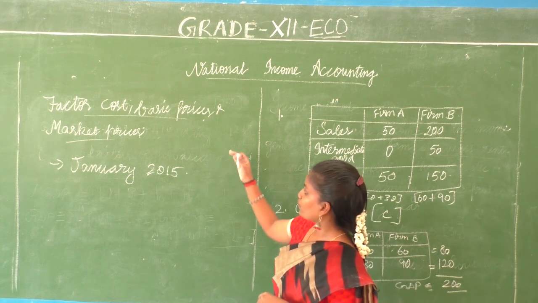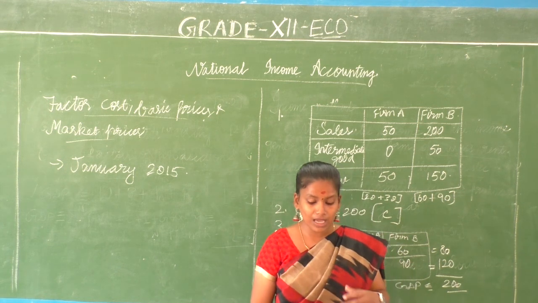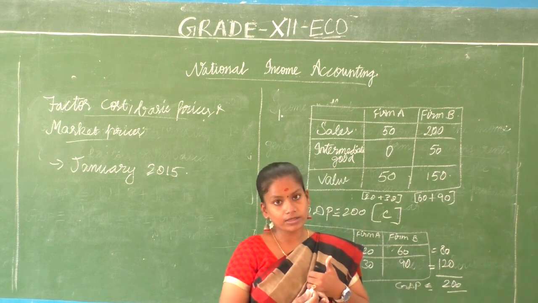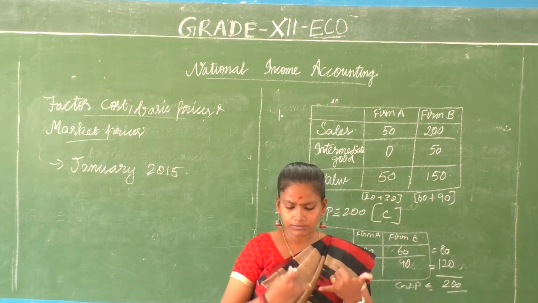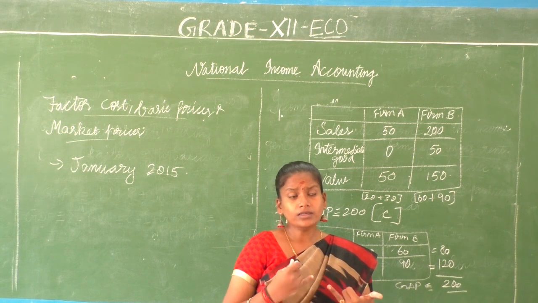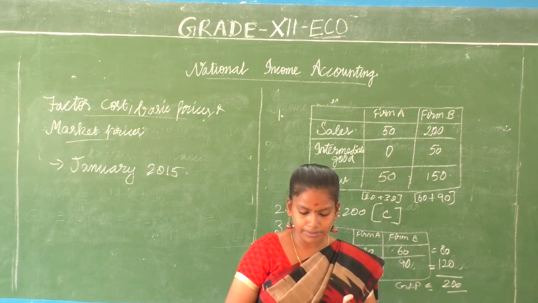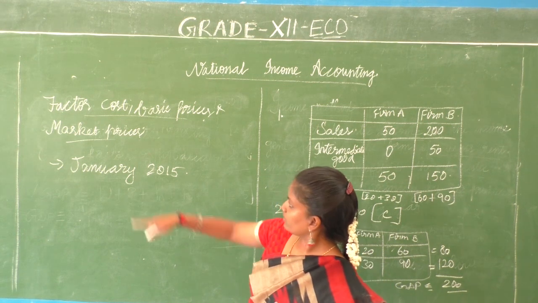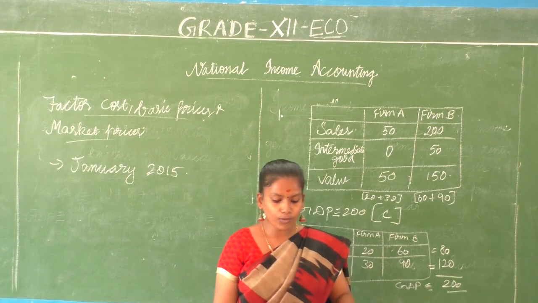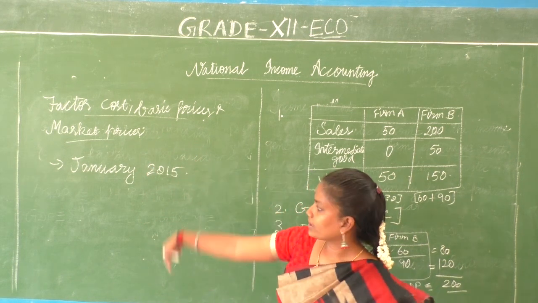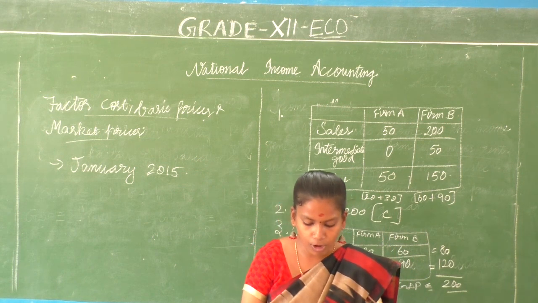That is why we are going to discuss these. Instead of GDP at factor cost, we have brought in gross value added at basic prices and GDP at market prices. That's why we need to know what we mean by factor cost, basic prices, and market price. That's why we are going to deal with this small little topic.